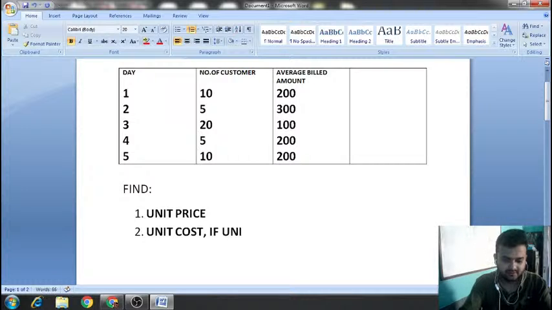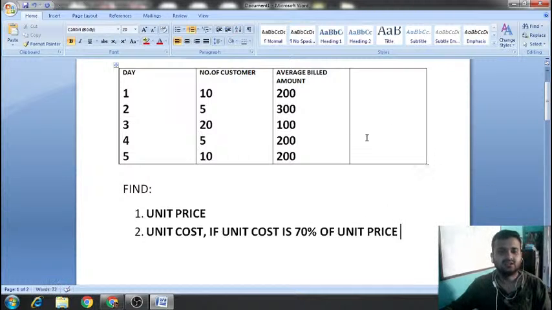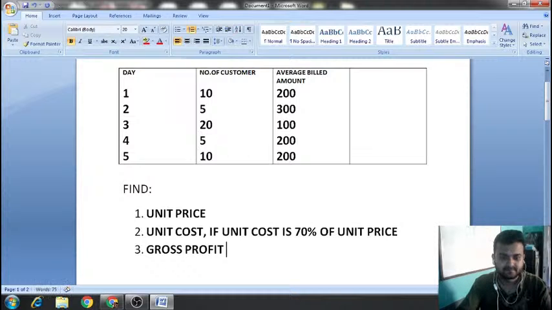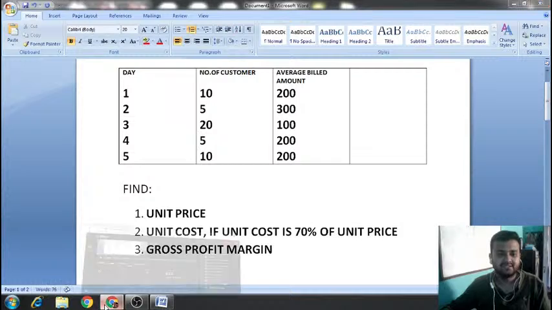If unit cost is 70% of unit price. Clear? Firstly you have to find out unit price, then unit cost, and then you have to find out the gross profit margin. Clear?